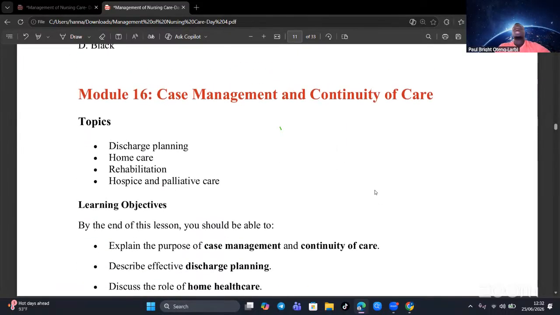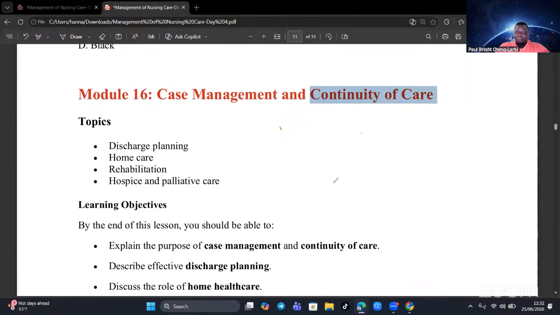Right. So let's do case managers. There is a specialty in nursing called case manager, who also ensures continuity of care.